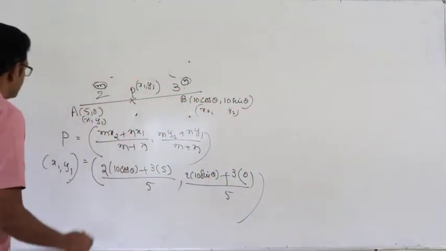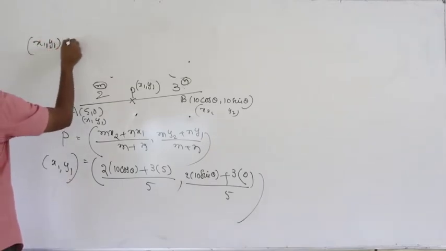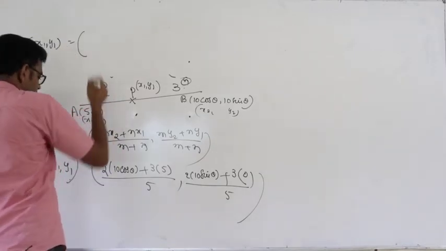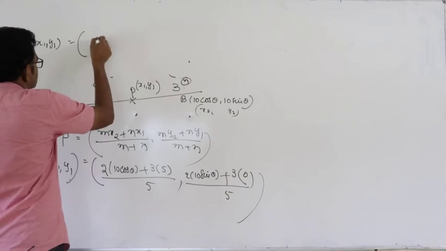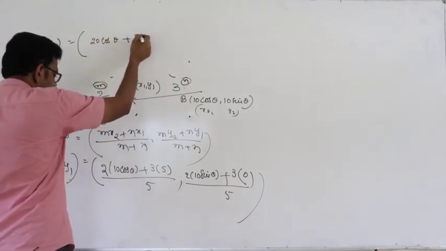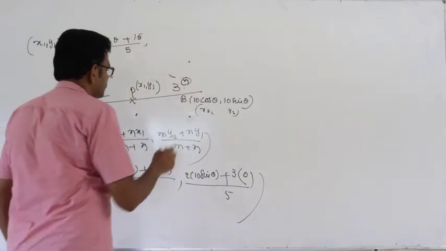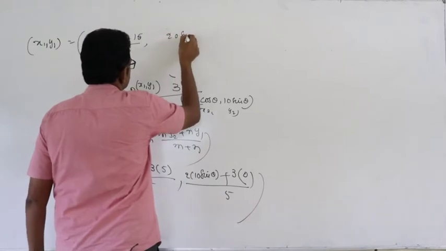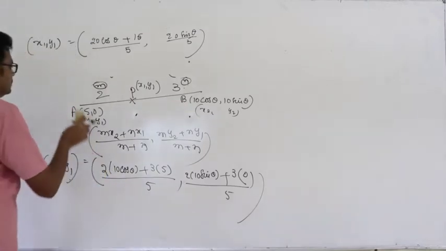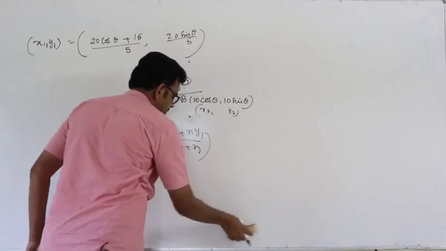Therefore, x1, y1 is equal to 20 cos theta plus 15 by 5, 20 sin theta plus 0 by 5. Locus means always eliminating theta.